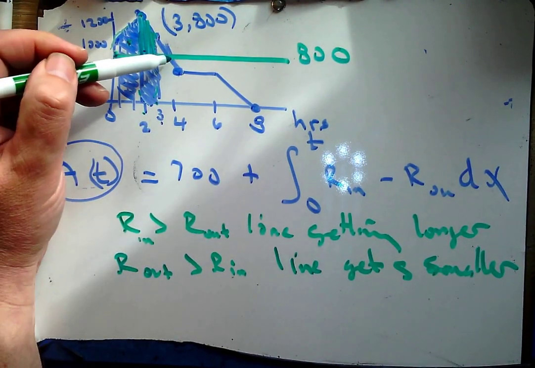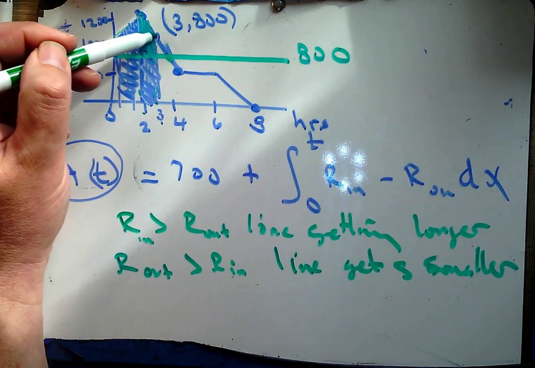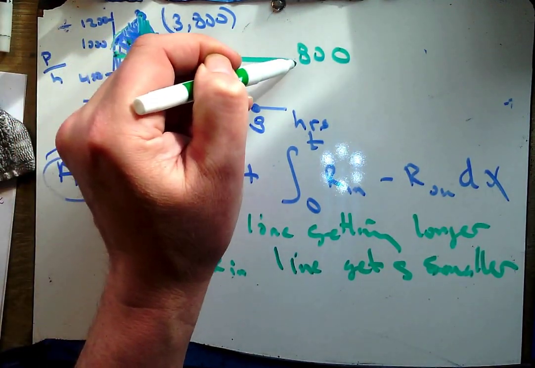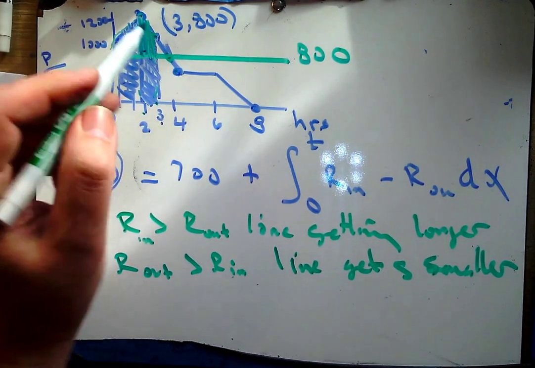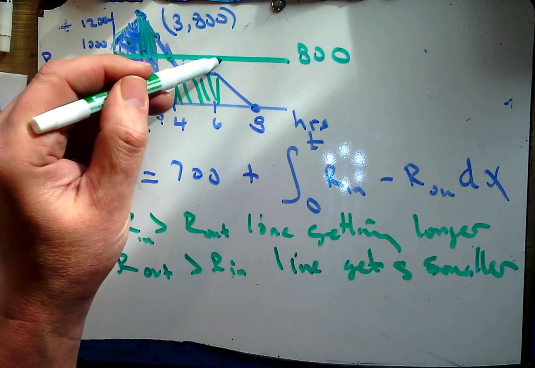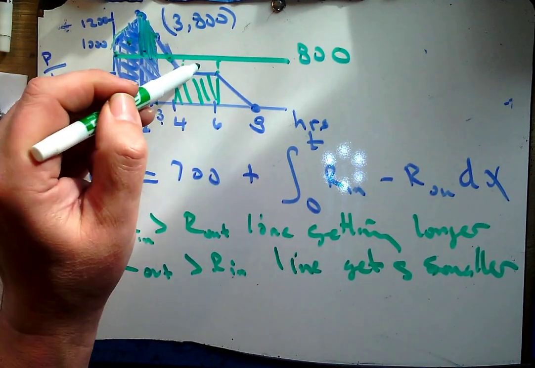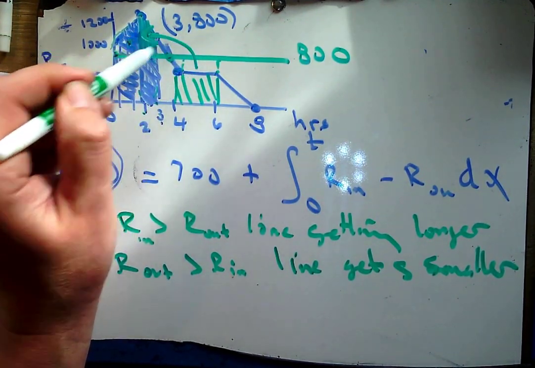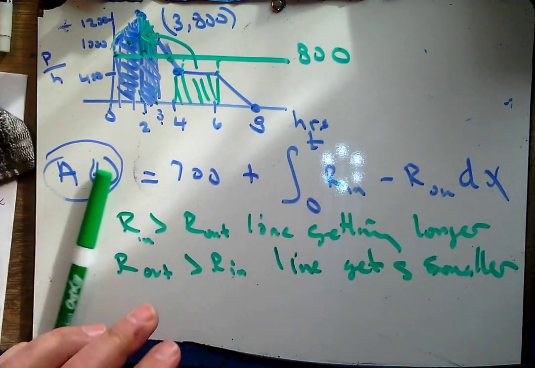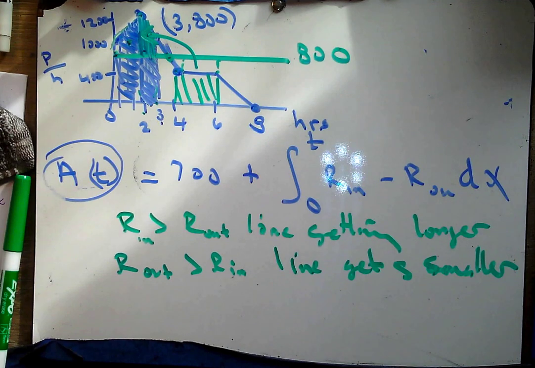Okay, and so I see that there's going to be this moment in time somewhere between 3 and 4 hours where, yeah, they serve more people than show up. And in fact, for this number of people who show up, there's all this extra capacity. And what's that capacity doing? It's working on getting rid of all these people waiting in line, because we can serve 800.